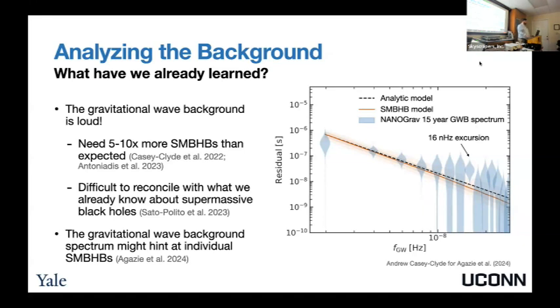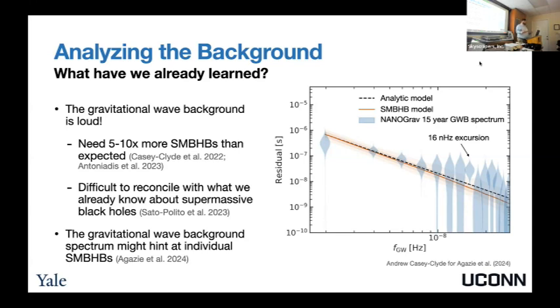And the first thing that we actually noticed is that our gravitational wave background is really, really loud compared to what we expected. So before we'd actually detected the gravitational wave background, we had some ideas for what it might be and for how loud it might be. This is because, again, we can look into the sky and see galaxies merging. Since we can see galaxies merging, we can infer how many supermassive black hole binaries there might already be.